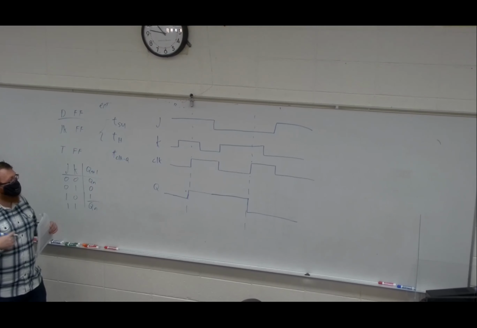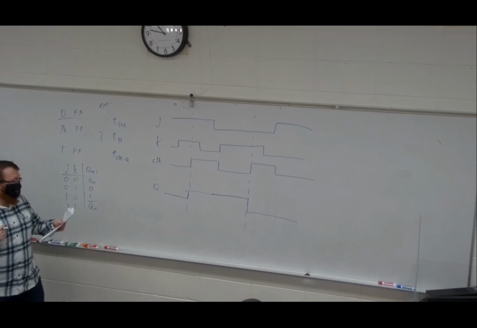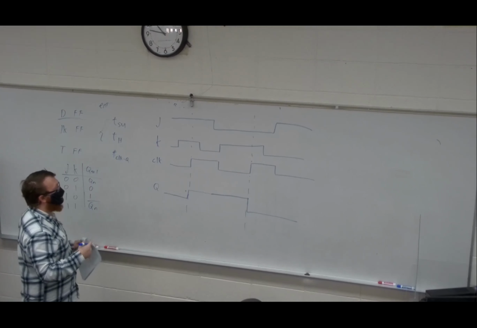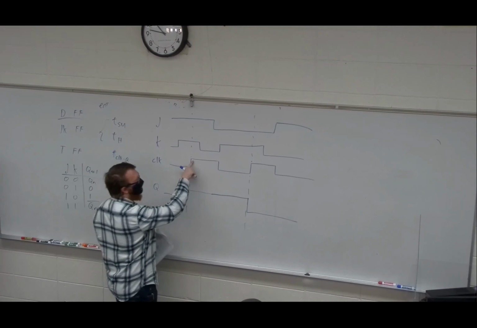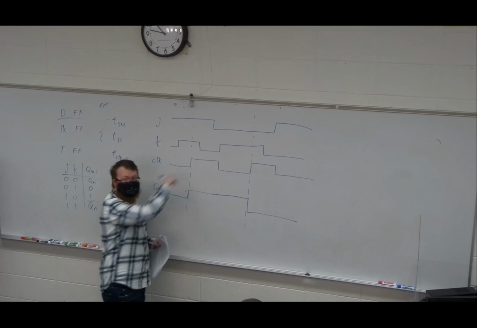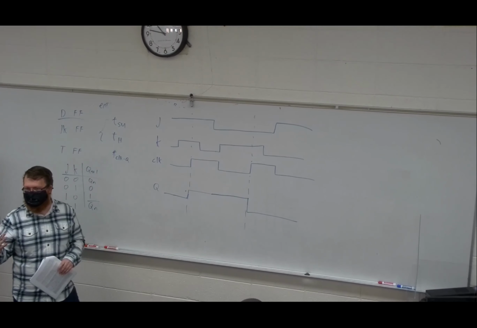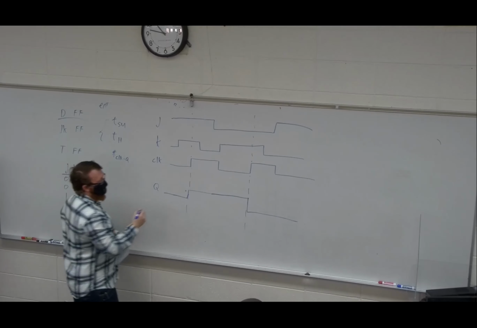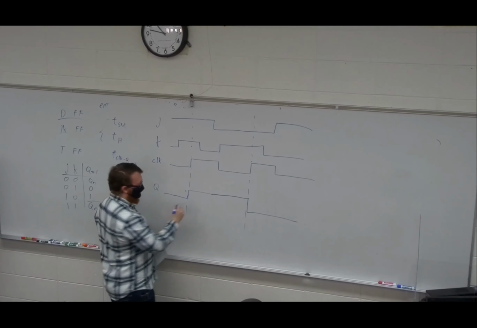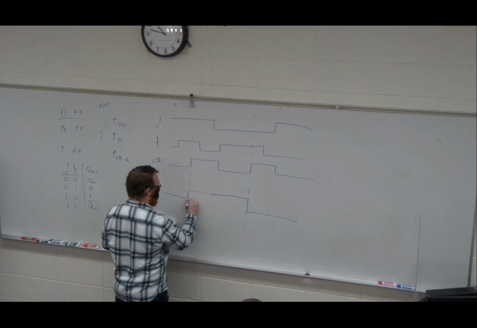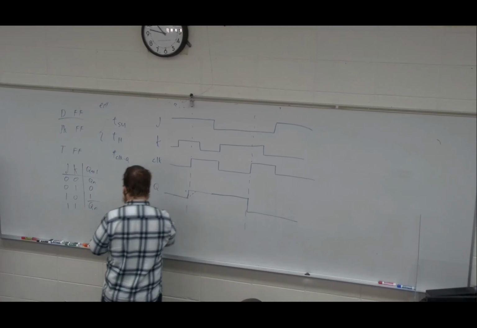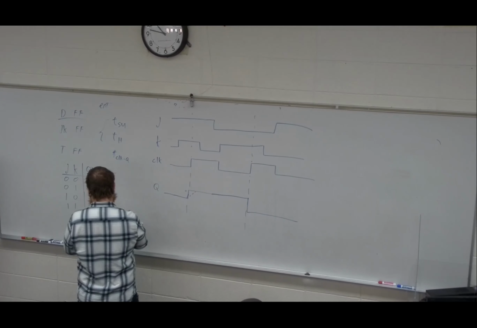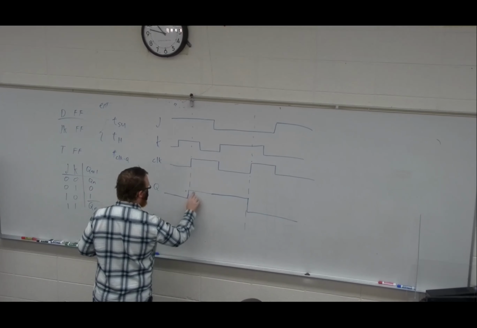the JK flip-flop. But there's this interesting issue of this clock happens, and then it actually takes some time for it to update. So we would draw it like so. Actually, let me change color so it's a little more apparent, and I will make it a little bit steeper.